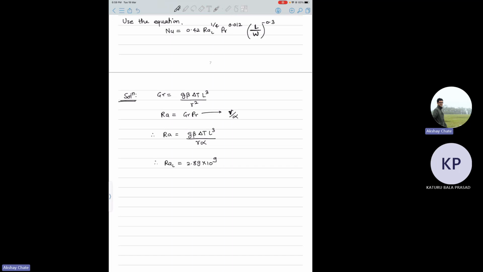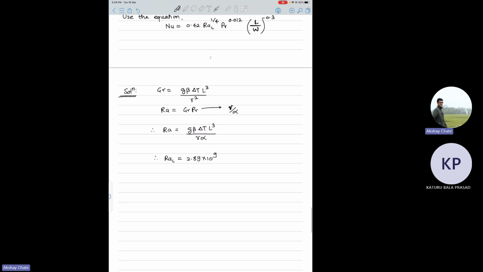Now you put that in the Nusselt number correlation, so you get Nusselt number as 0.42 into this Rayleigh number, the Prandtl number is given as 0.7, and this is 1.6 by 0.8 raised to minus 0.3.